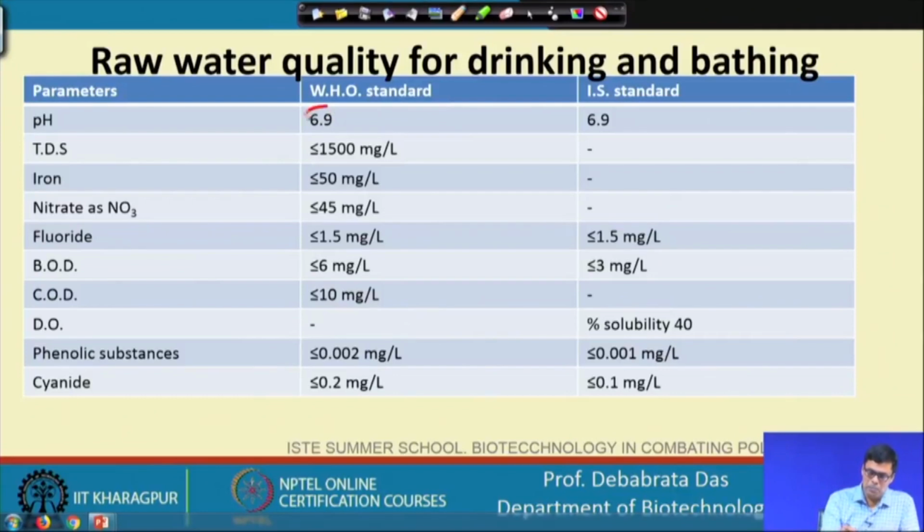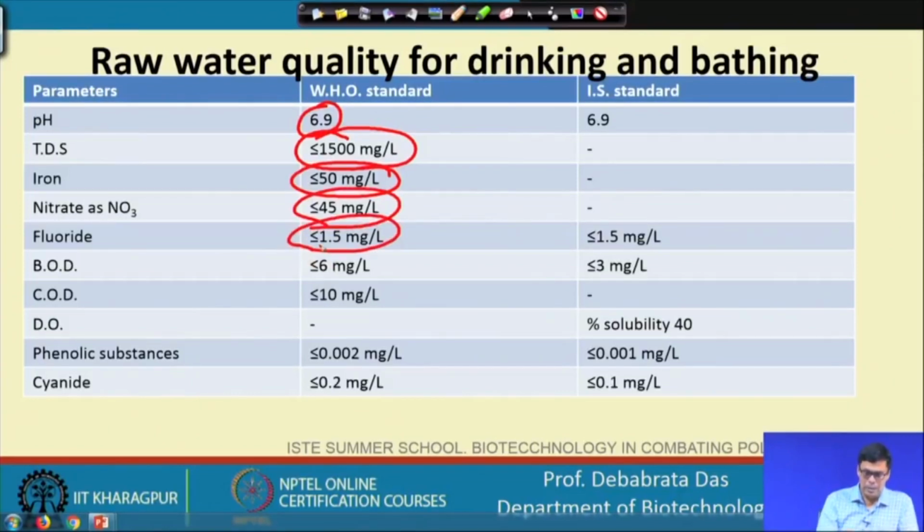The pH should be 6.9, the total dissolved solid should be less than 1500 milligram per liter, iron content should be less than 50 milligram per liter, nitrate should be less than 45 milligram per liter, fluoride, and I want to point out this is very important, the BOD, biochemical oxygen demand, should be less than 6 milligram per liter. This is very important as per drinking water content. This indicates whether your drinking water is contaminated or not.